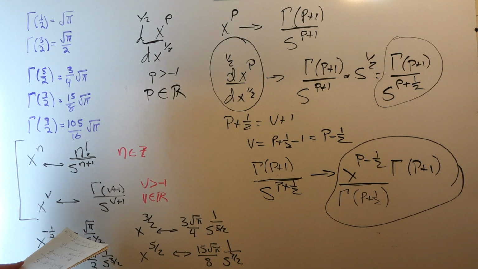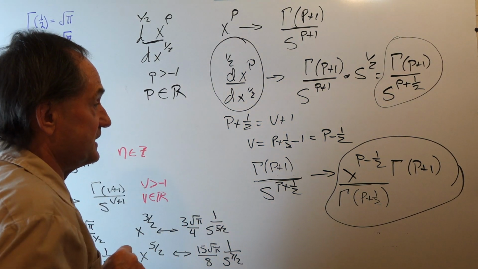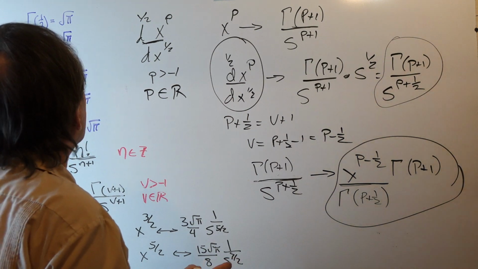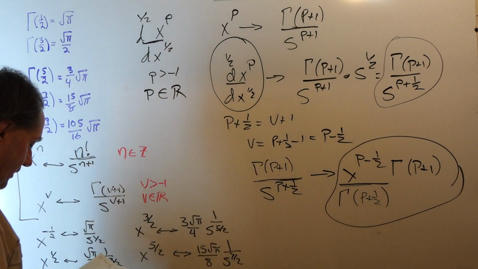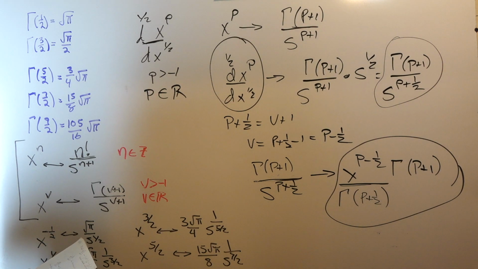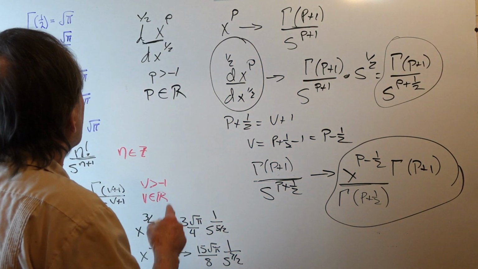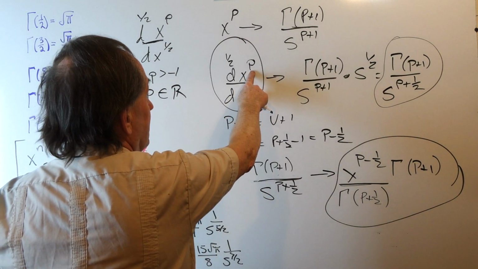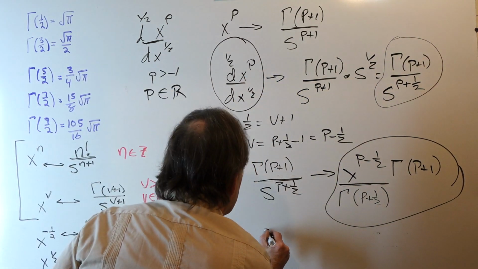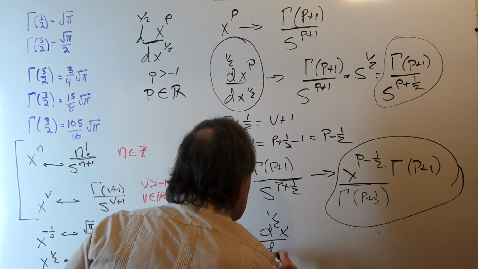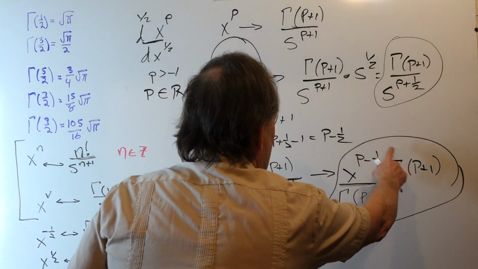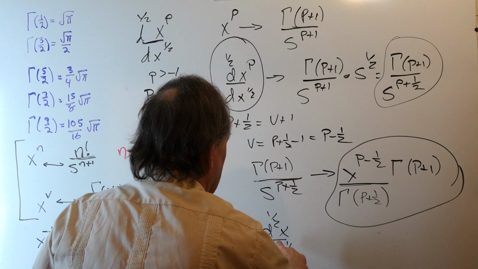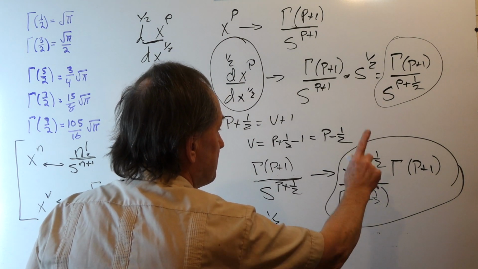Now, let's make a substitution to see if it agrees with what we just did. We just found, remember, the 1/2 derivative of x. Well, in this case, what we could do is just make p equal to 1 to get the 1/2 derivative of x with respect to x. In the general form here that we determined with x to the p, we just make p equal to 1.